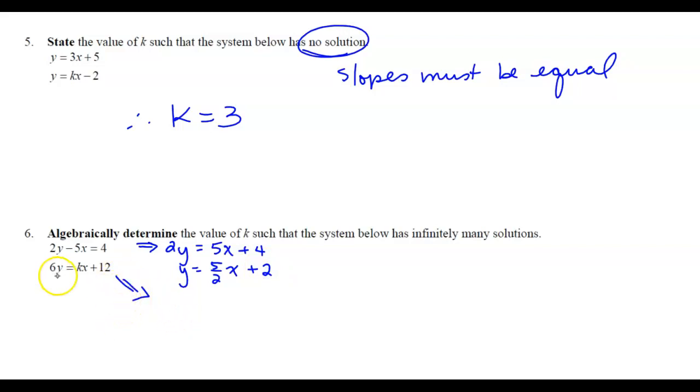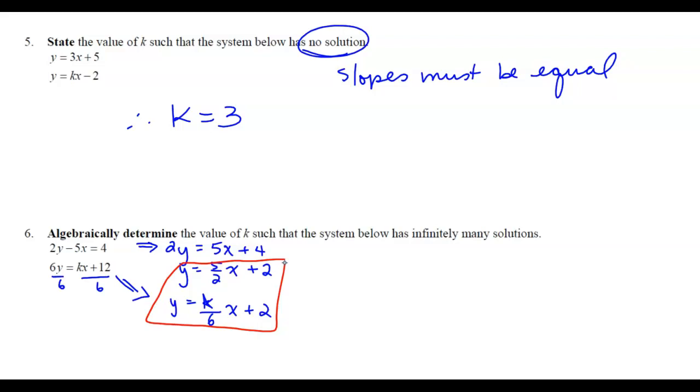This one, actually, it's already solved for y. I just need to divide by 6, right? So that'll be y equals k over 6x plus 2. So we're comparing these two lines, okay? And so the y-intercepts are the same, which makes sense. They have to be the exact same line.